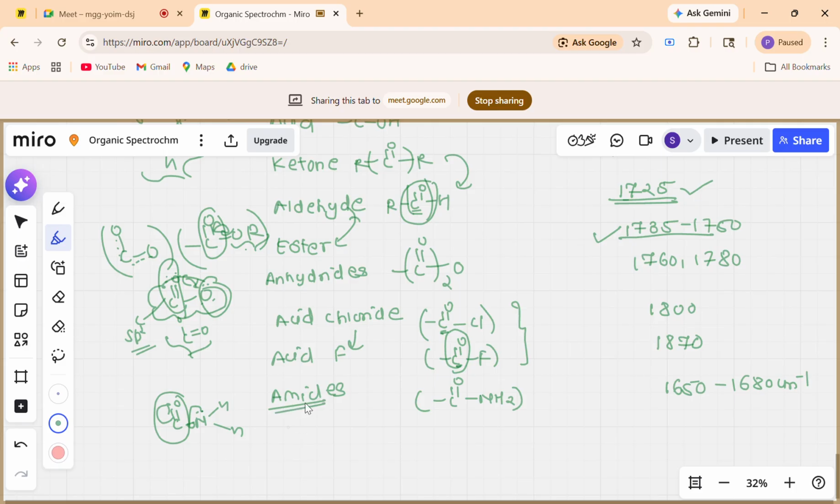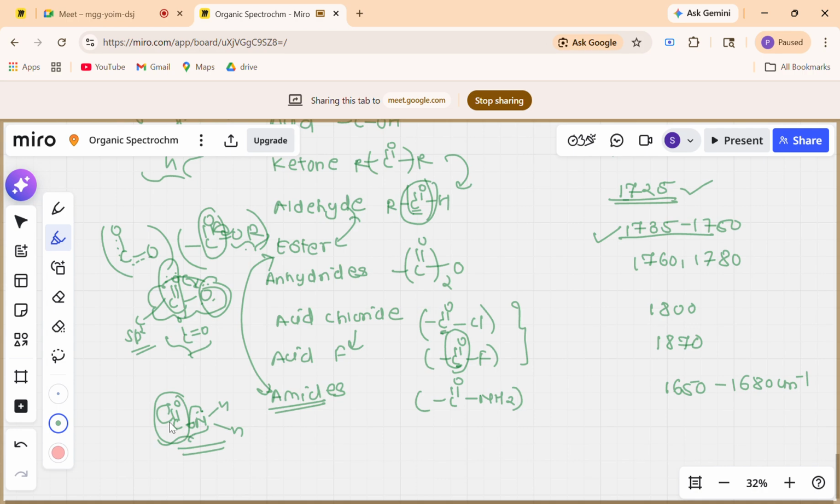Okay, and in case of amine or amide group, see that this amine is basically reducing the double bond character here. So when we are talking about amide and ester, they can also ask you what the difference is between them, and how it's going to affect your stretching frequency. So when we are talking about amides, here it's a complete resonating structure.